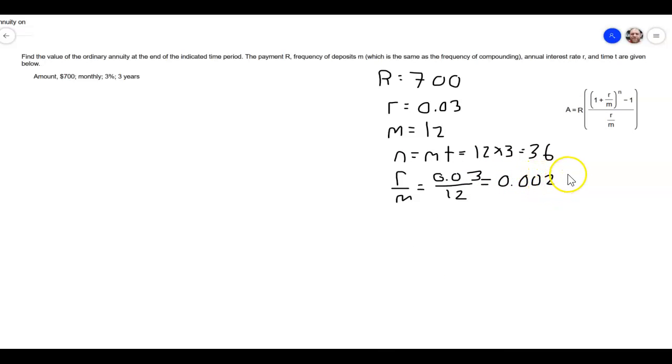As long as it's not a repeating decimal, I can go ahead and substitute that in wherever I see an R over M. And in fact, since it's a 1, that's just 1.0025 there.